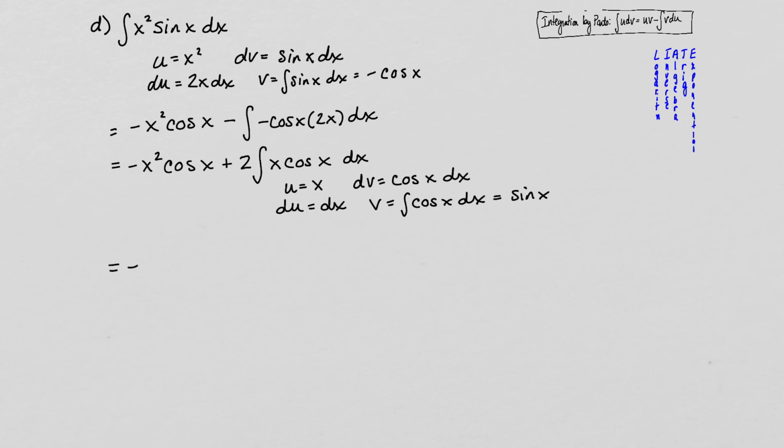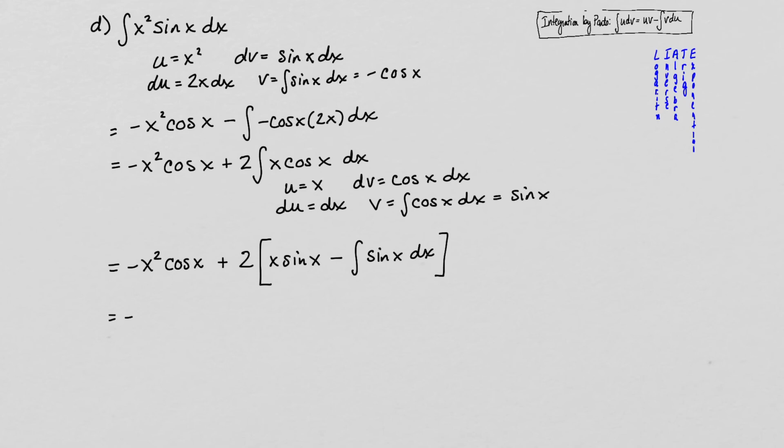So I'm going to have minus x squared cosine x plus 2, and then inside this 2, that's where I'm going to put my new integration by parts. So in my new integration by parts, I have uv, so I have x sine x minus the integral of v du, so minus sine x dx. And all I have left to do is integrate that final sine x.